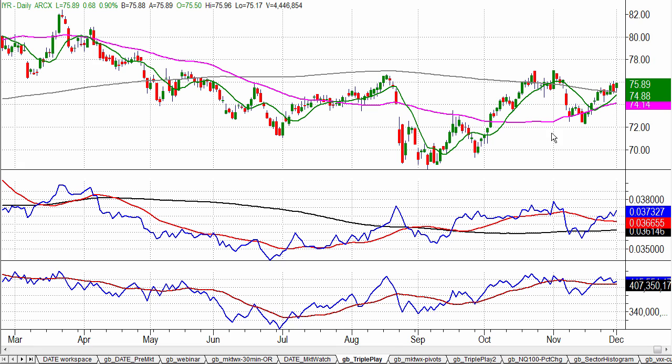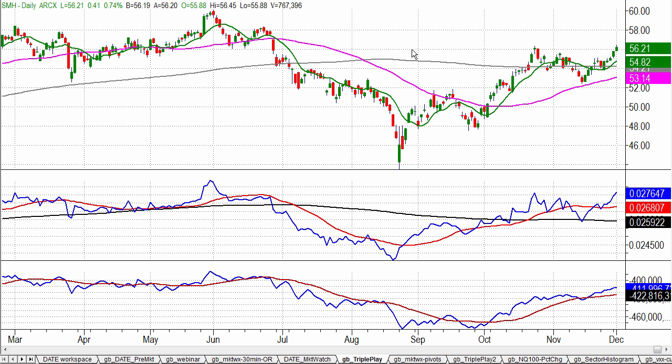Now I'm going to jump down to one last one that has gotten hammered on a 6-month basis. It's down 6% over 6 months, but in the last 3 months it's up 13%. And this one had caught my eye actually before the 3-month move because of the triple play.